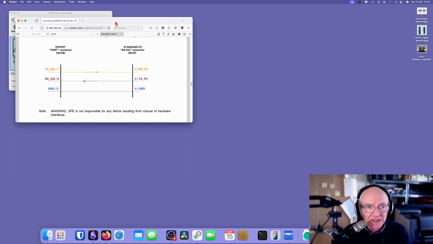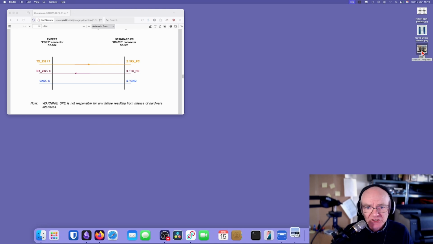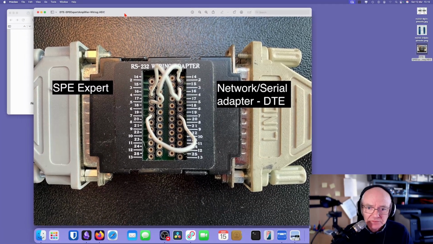This is from the SPE documentation, and these are the pins, assuming you have a DB9 connector on the serial adapter that you would need to connect. I have a picture here, which is how I've got mine wired up for the sake of testing.